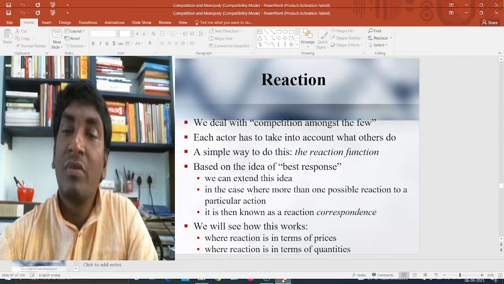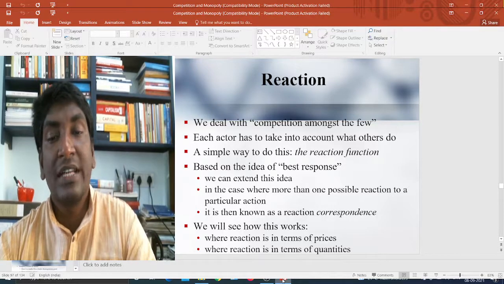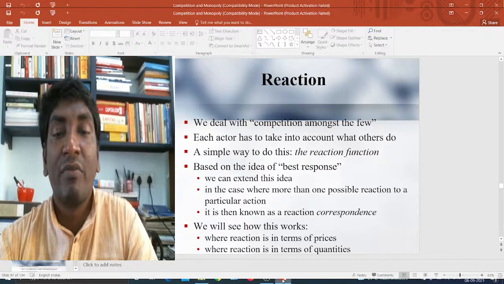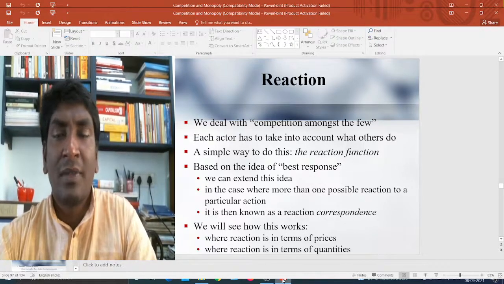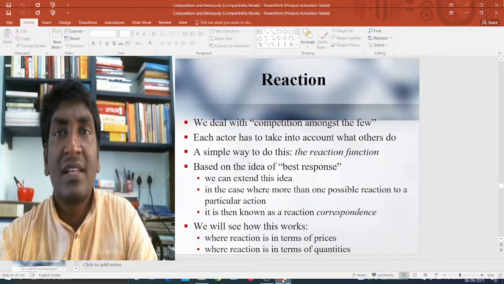We deal with competition among the few, and each actor has to take into account what others do. The simple way to do this is the reaction function, a very simple formulation, and based on the idea of best response, we can extend this idea.